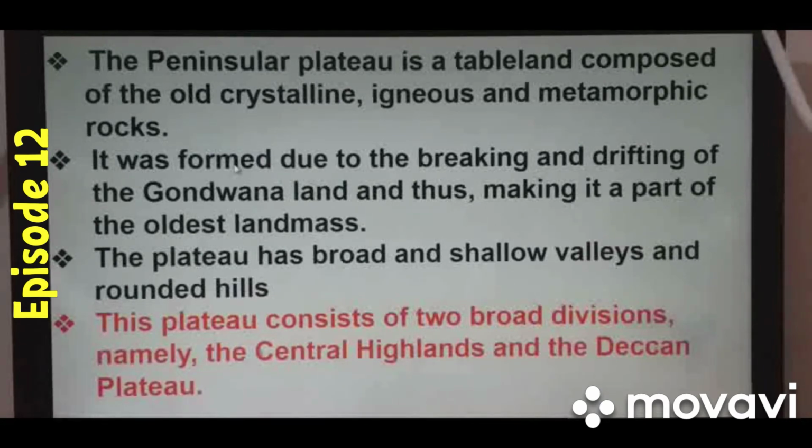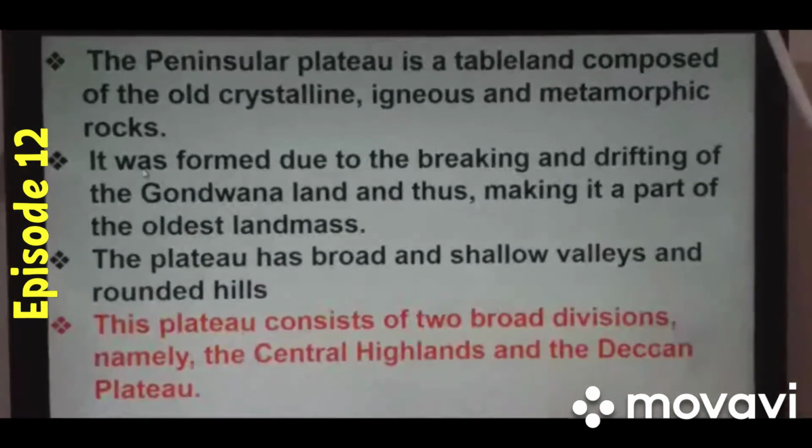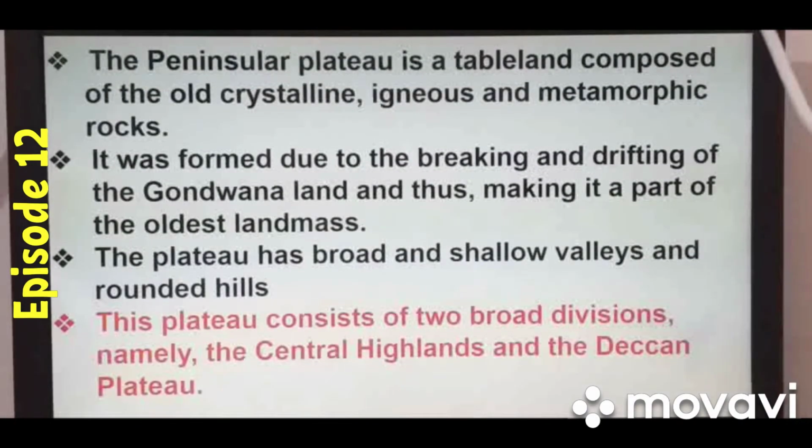Now how was it formed? It is formed due to the breaking and drifting of Gondwana land. Last week I also told you that our South India was part of Gondwana land, one of the tectonic plates. When Gondwana land disintegrated into a number of tectonic plates, one such plate, the Indo-Australian plate, started drifting towards the north and was set towards the south of India.